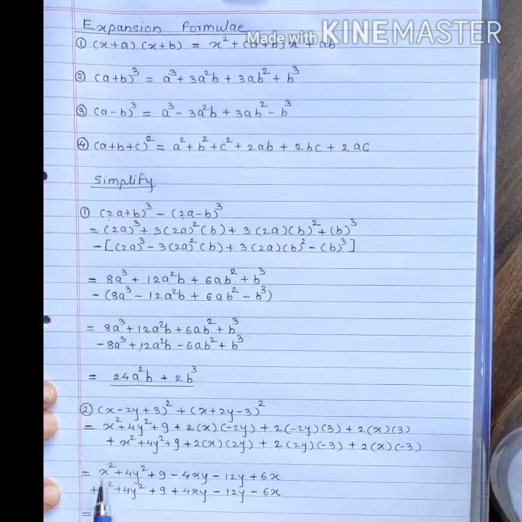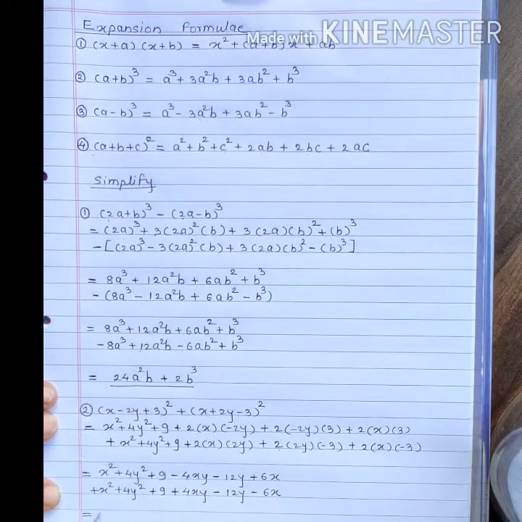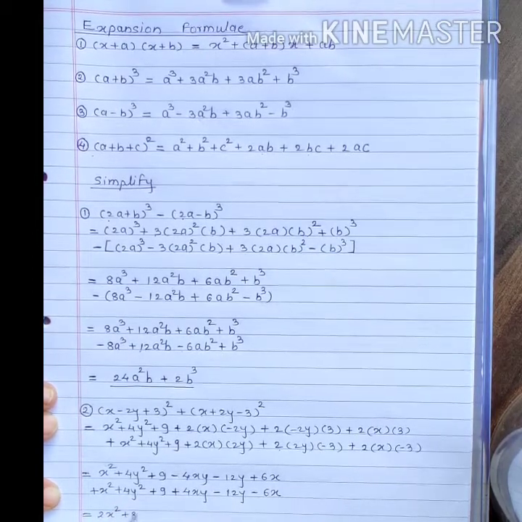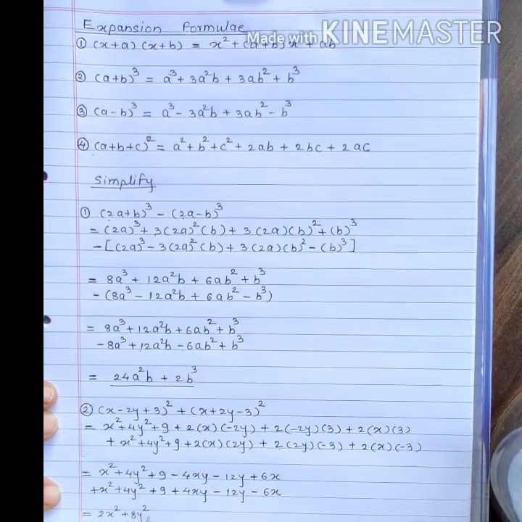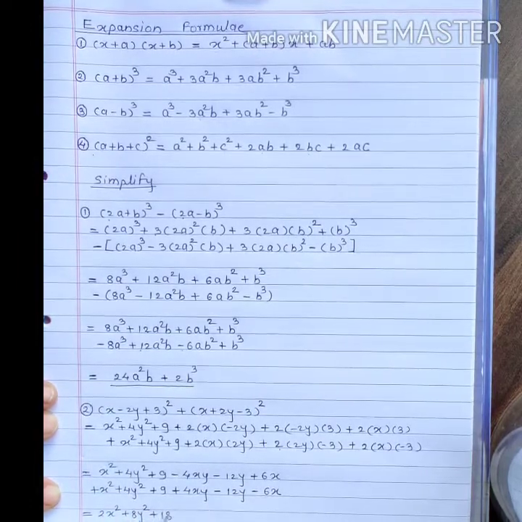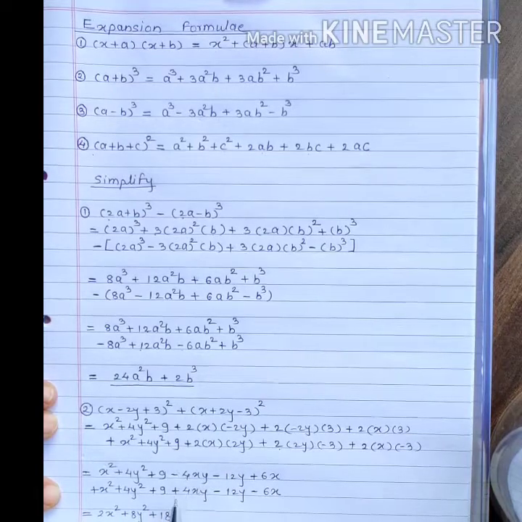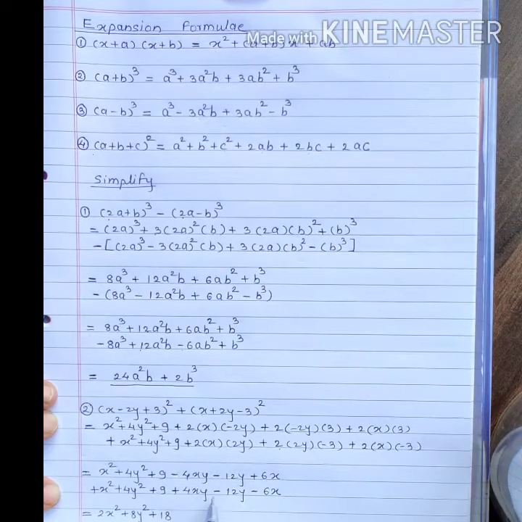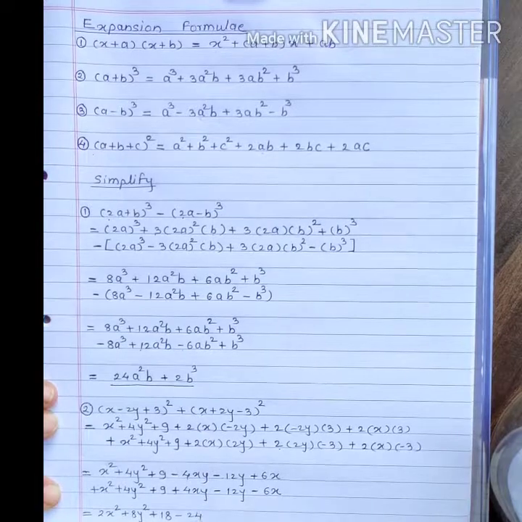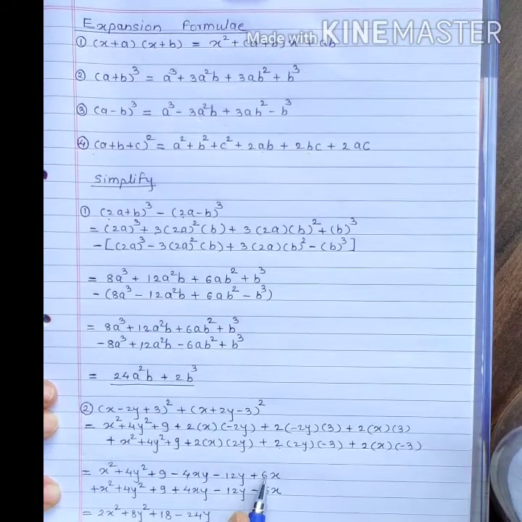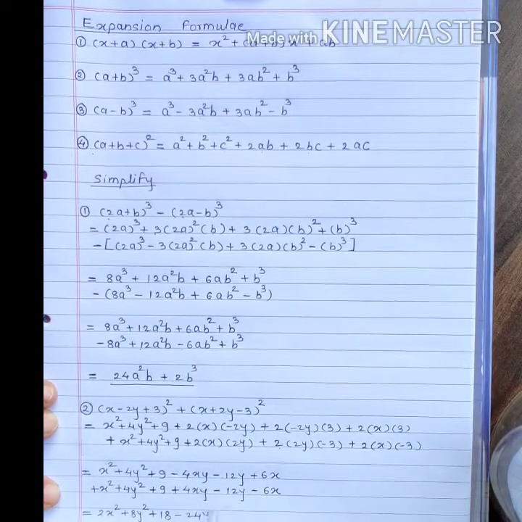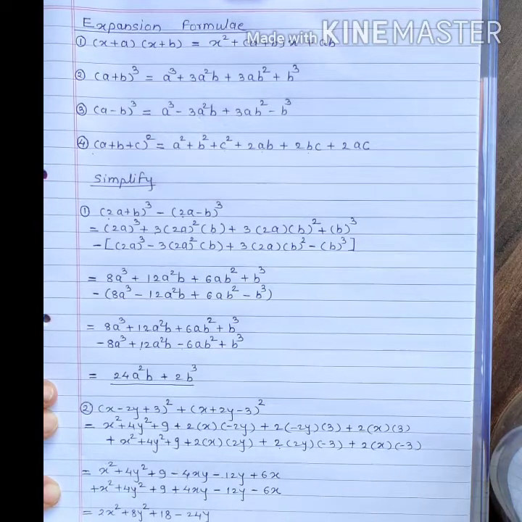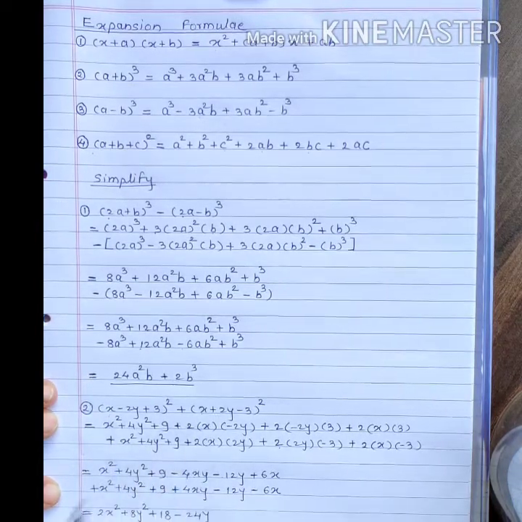So here x² plus x², 2x²; 4y² plus 4y², 8y²; 9 plus 9, that is 18; minus 4xy plus 4xy, the sum is 0; then minus 12y minus 12y, that is minus 24y; and 6x minus 6x, 0. So this is the expansion of these two brackets.